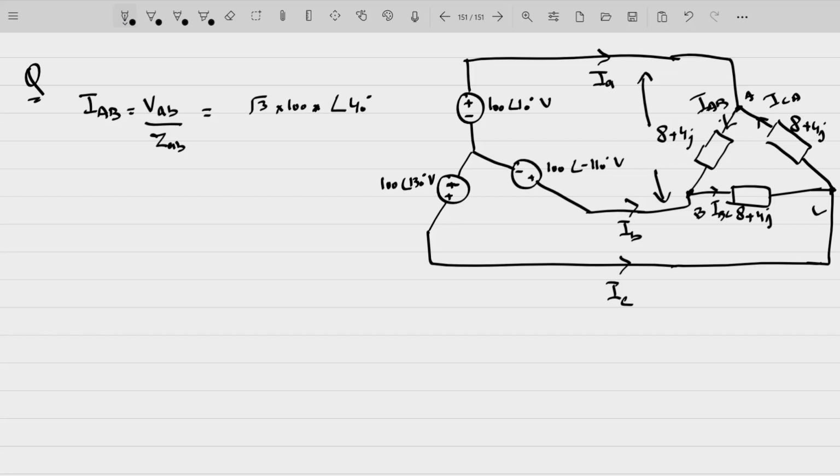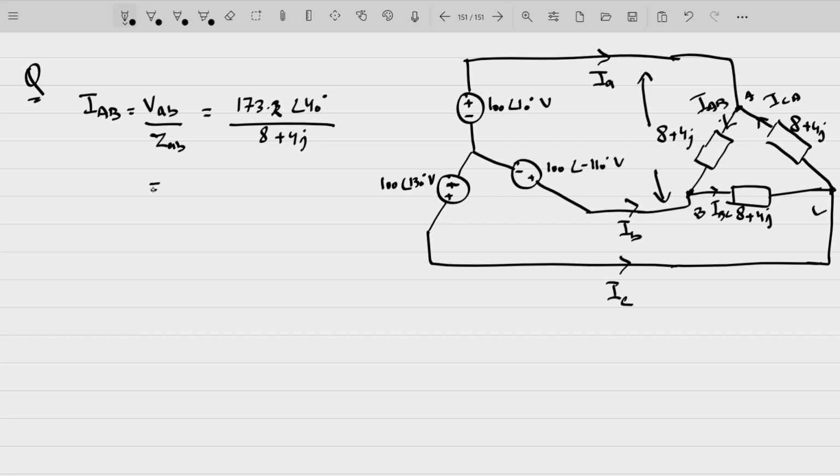So this is 173.2 angle 40 degrees, and ZAB is 8 plus 4j.